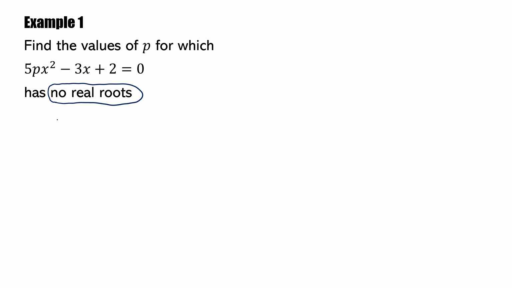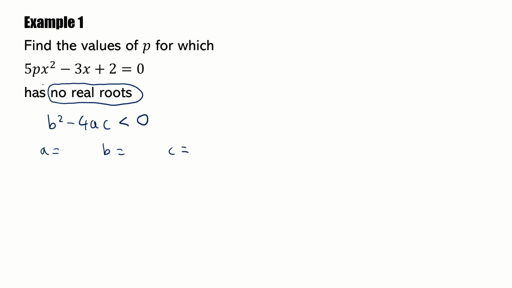So putting that all into play, because it says no real roots, we know b squared minus 4ac is less than 0. Good idea to write down which scenario for the discriminant it is that you're dealing with, for the sake of method marks I should say, because it's showing that you can interpret the wording correctly before you even begin with actually doing the solving itself. And then you also got to identify your value of a, b, and c.